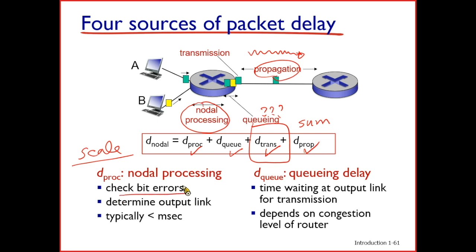Check bit errors, and also determine which output link to put the packet on. Talking about the scale, how long is the nodal processing delay? It is really fast, lower than a millisecond. So this is the nodal processing delay.